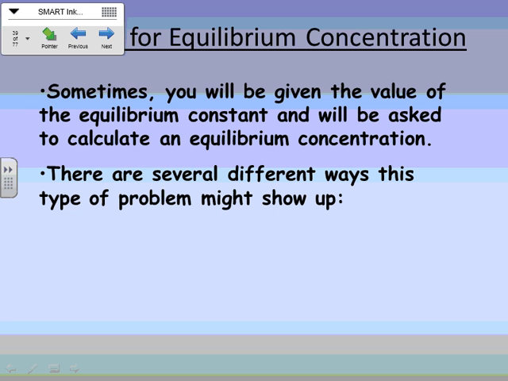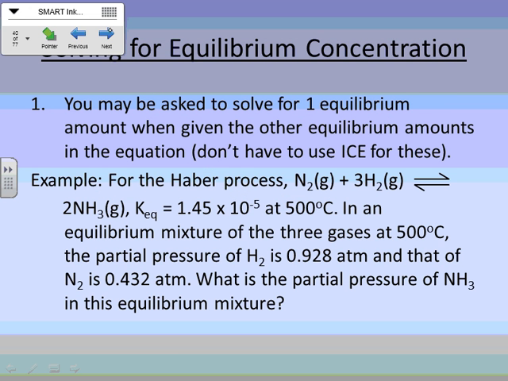There are a few different ways this type of problem might show up, kind of two major ways, I guess. First way, you might be asked to solve for an equilibrium amount when you were given other equilibrium amounts, which we already sort of talked about, okay? And this is not hard. This is kind of a review of what we did yesterday, except the difference here is they're asking about one of the equilibrium concentrations and they're giving you the K, right?